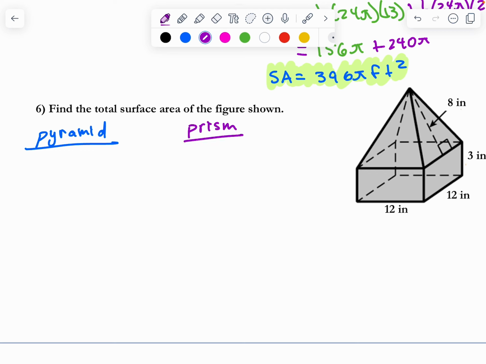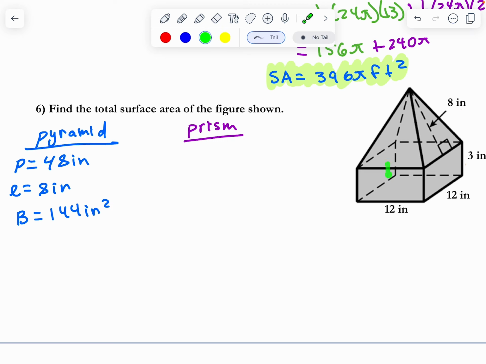All right, so let's do the pyramid first. The perimeter of the pyramid is 12, 12, 12, 12, so 4 times 12, giving me 48. The slant height of the pyramid is already given. That's 8, and this is all in inches. The base is 12 squared, which is just 144 inches squared.